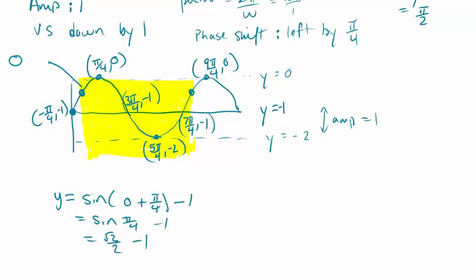So that's our y value when our x value is 0. Just going to make that a common denominator. So root 2 minus 2 over 2. And then you can see that this is symmetrical. So that means this point will be 2 pi and root 2 minus 2 over 2 as well.